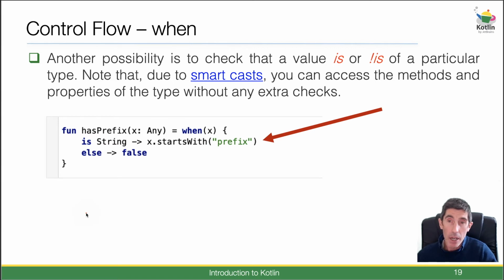Whereas we have the else part, then it's just false. Back in the Java days, you wouldn't be able to do anything like that. There'd be a lot of checks having to go on. Then you'd have to cast it. Once you find out what type it actually is, you'd have to cast it to another type. So this is a nice, again, another nice addition to the language.